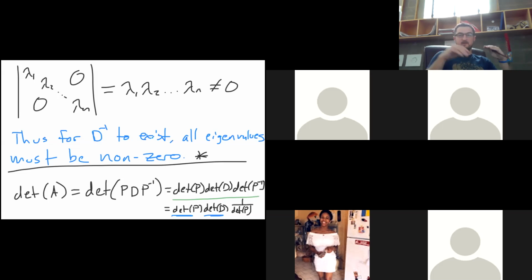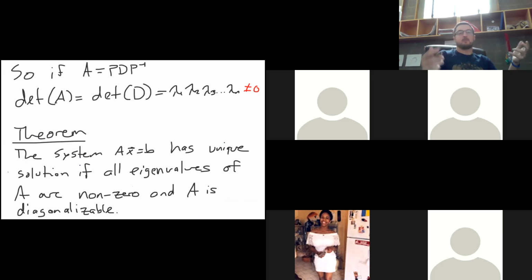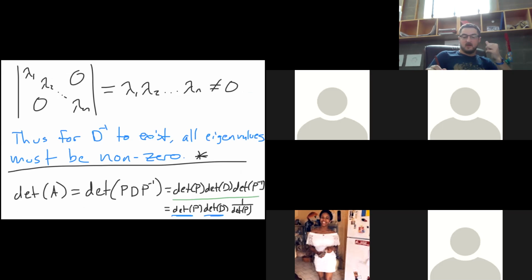And the motivation for all this is essentially a proof for this theorem that I wrote here. If you're considering a system, AX equals B, you know it's going to have a unique solution as long as you satisfy two conditions. It's diagonalizable, and all the eigenvalues are non-zero. So if we prove this, we would start with, okay, it's diagonalizable, which means I can rewrite A as P times D times P inverse.